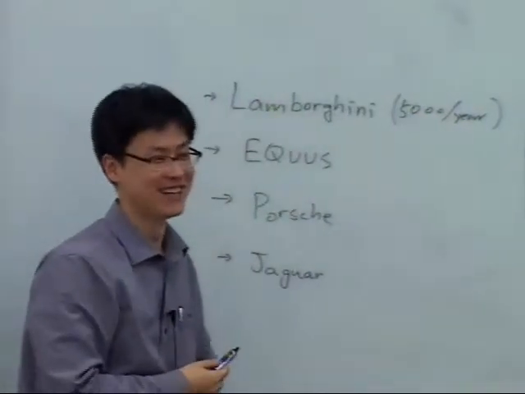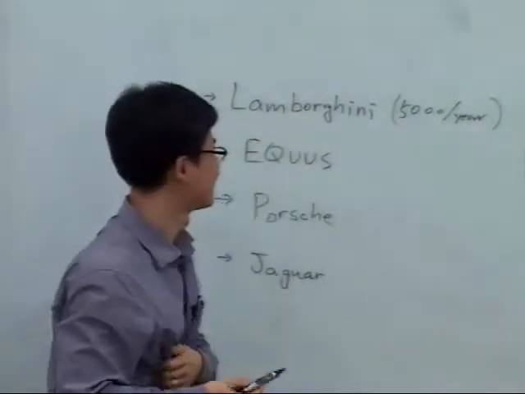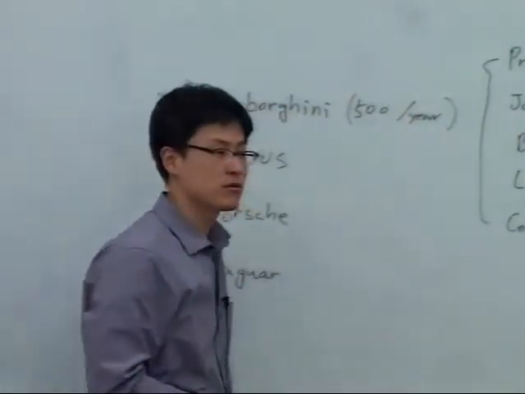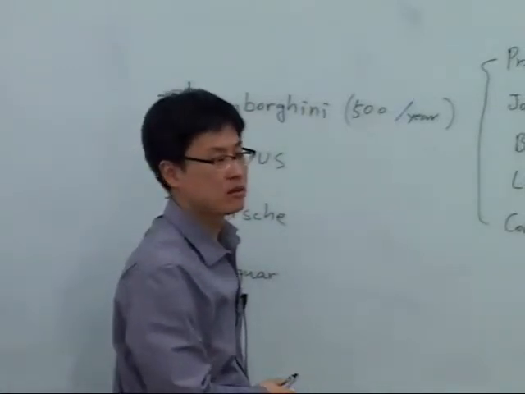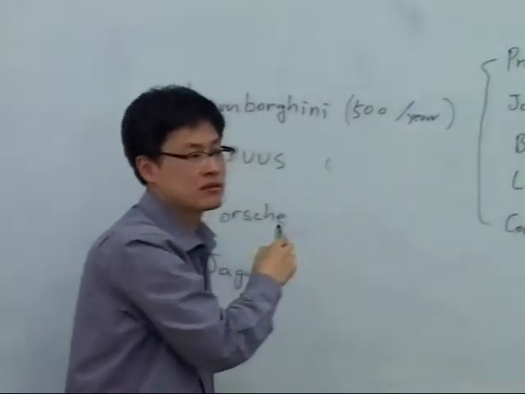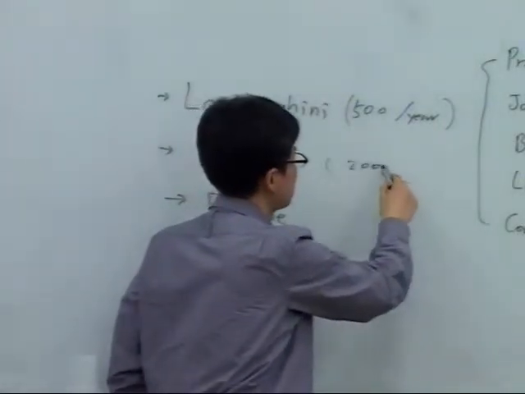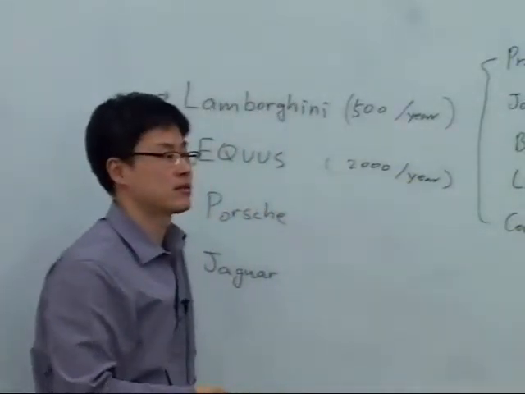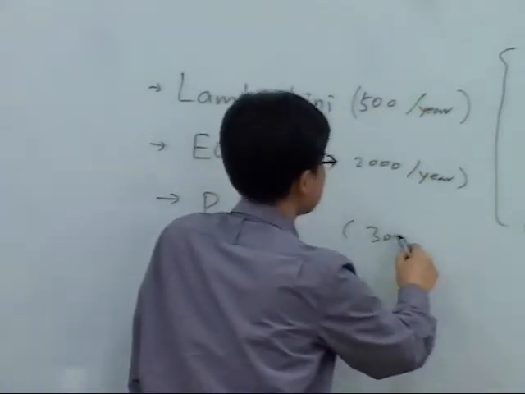I think that's too much. It's a really, really expensive one, right? Okay, let's make it 500 then. Porsche, 500 per year or maybe less. Okay, 300, I guess.